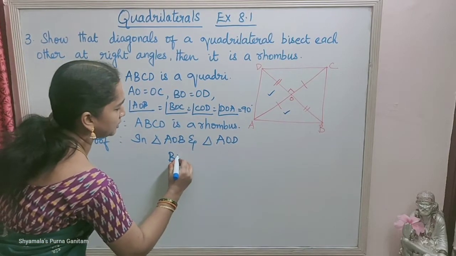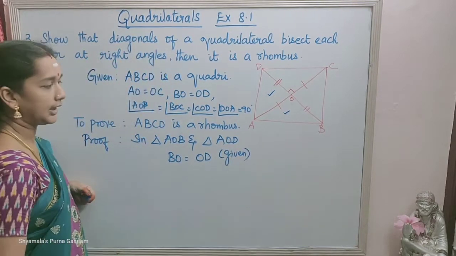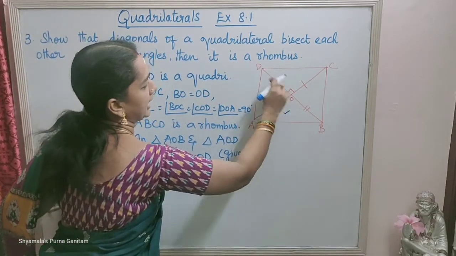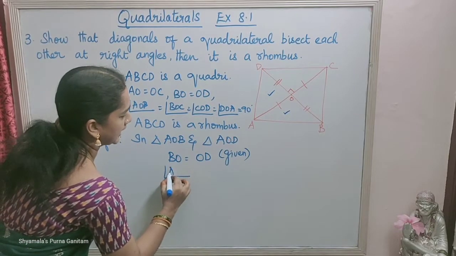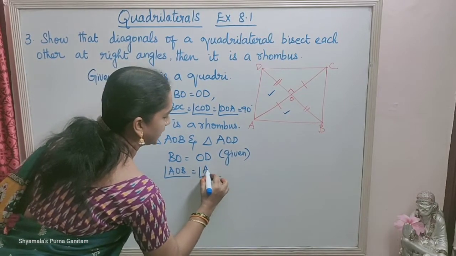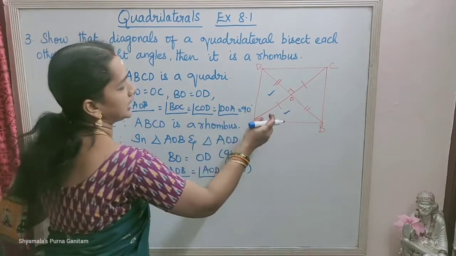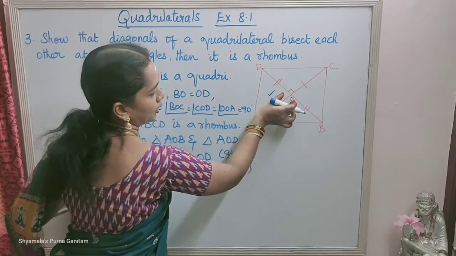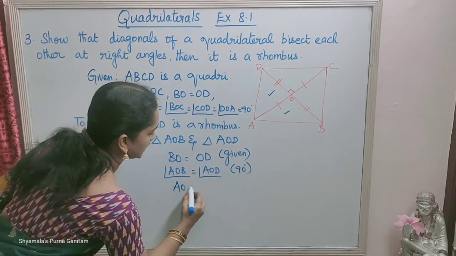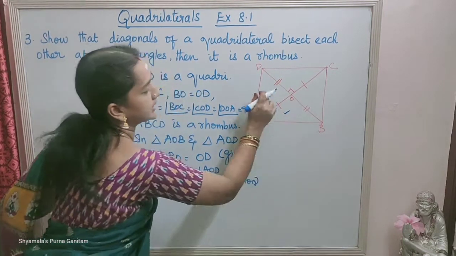Then angle AOB is equal to angle AOD, which is also given in the question, that it is 90 degrees. So two things are equal, from the question: the sides and the angles. And AO is equal to AO, the common side for these two triangles.